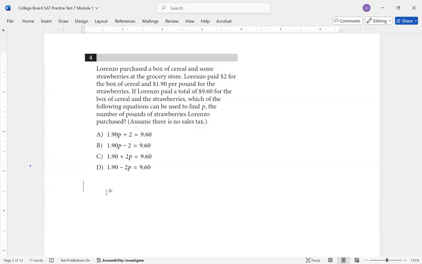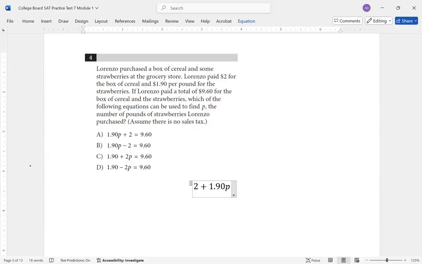Assume no sales tax. So the box of cereal is $2 and he is going to add $1.90 per pound of strawberries. We want to use P as our number of pounds of strawberries.